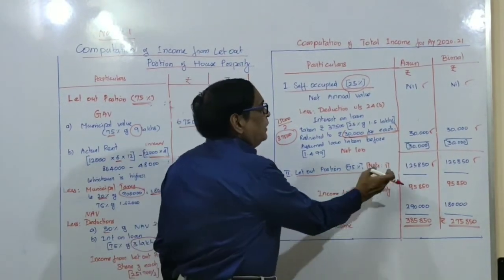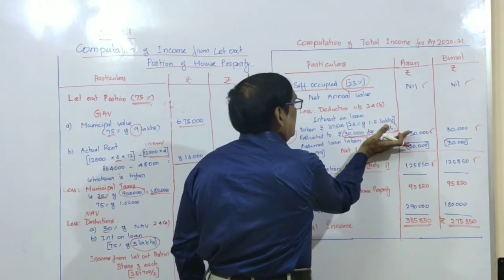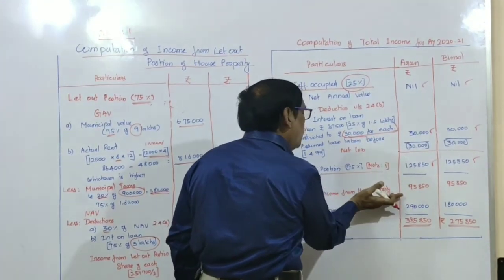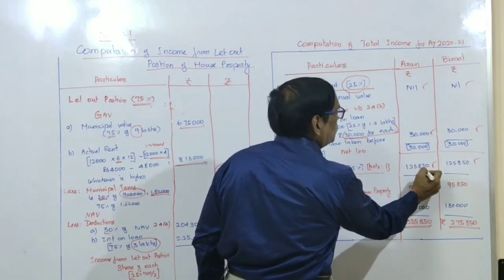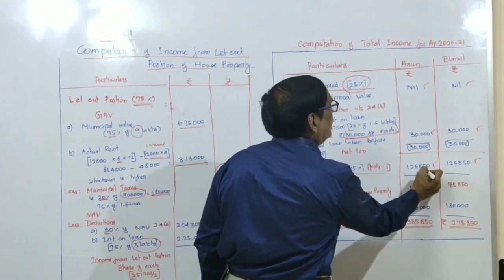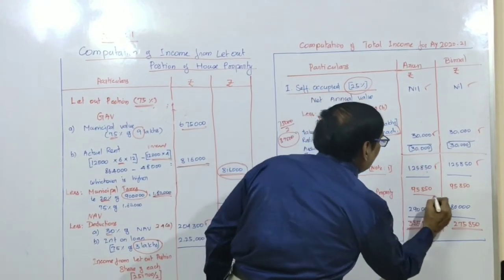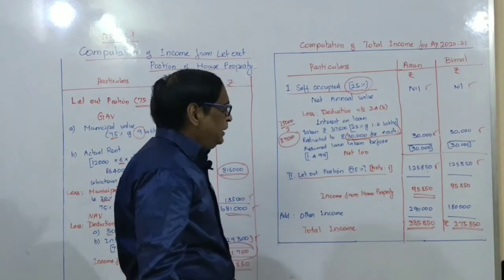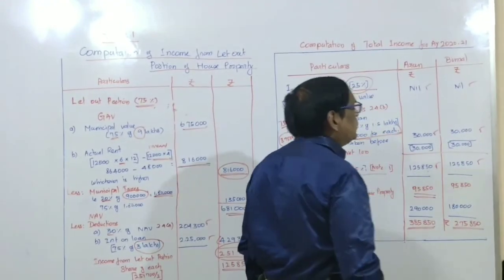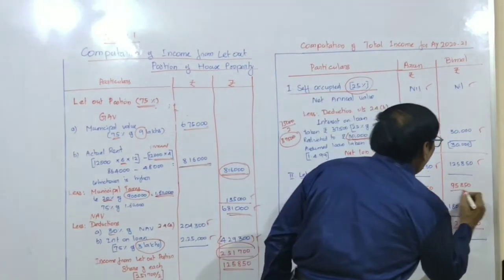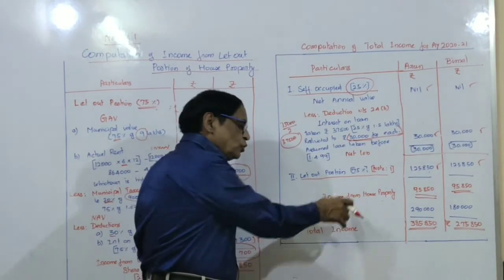From this let out portion income, if we deduct the loss from the self-occupied portion, then we can find the total income from house property. The income from the let out portion is 1,25,850. If we deduct the 30,000 loss of the self-occupied portion, then the total income will be 95,850. Bimal also has the same amount, here 30,000, here 1,25,850, so it is also coming around 95,850. So this is the income from house property.